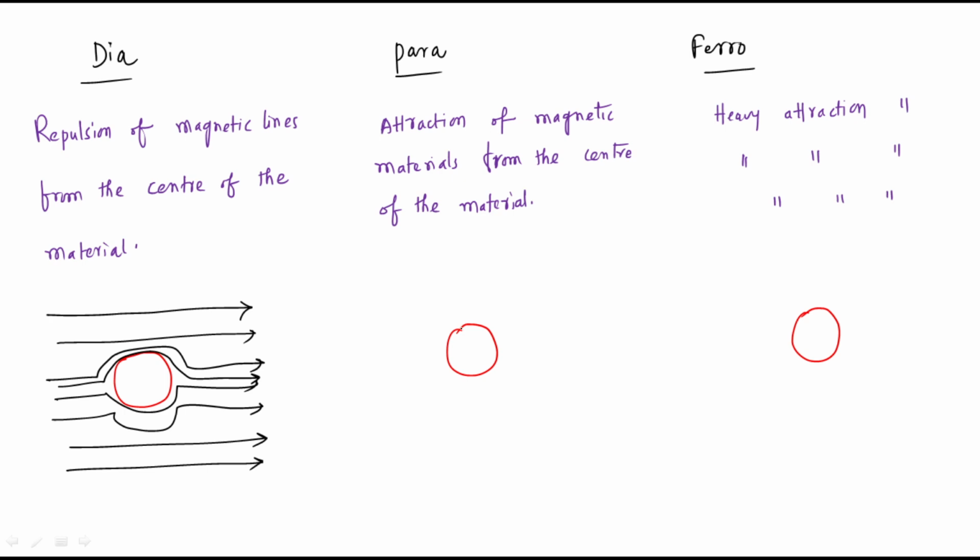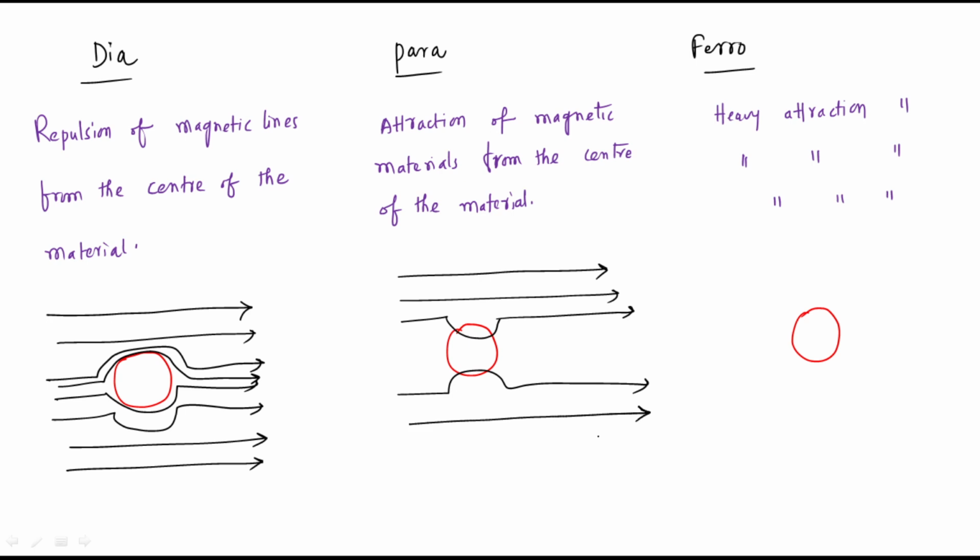Coming to paramagnetic material, attraction of magnetic lines because it is weakly attracted. Diamagnetic is weakly repelled in nature, but paramagnetic materials are weakly attracted. Therefore the magnetic flux lines are weakly attracted by the center of the magnetic material, so they are like this.